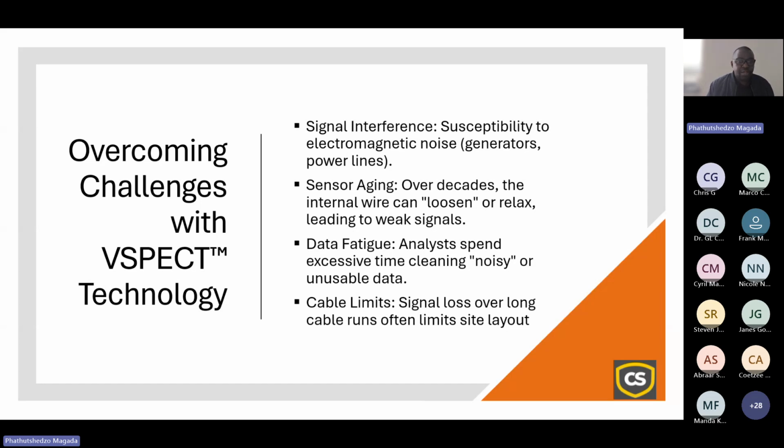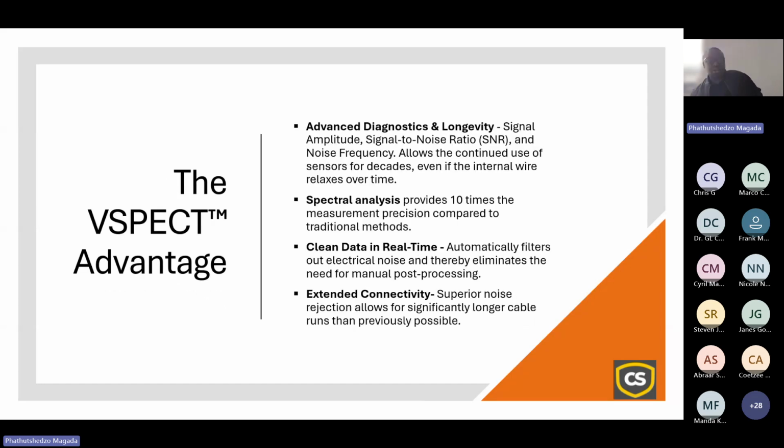We have a technology called VSpec. VSpec is Campbell Scientific's patented VW measurement technology. It has the ability to measure signal to noise ratio and noise frequency, and allows the continued use of a sensor for decades, even if the internal wire relaxes over time.